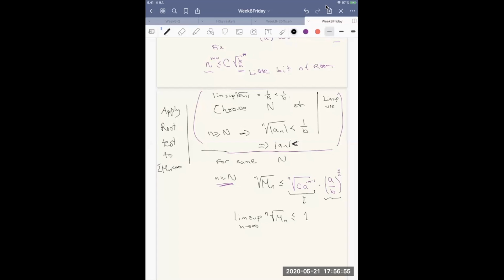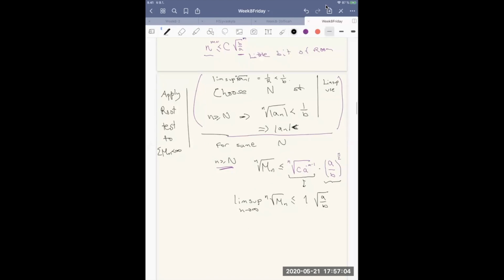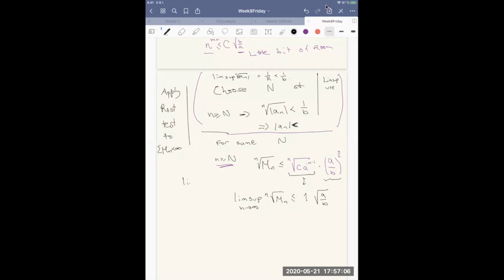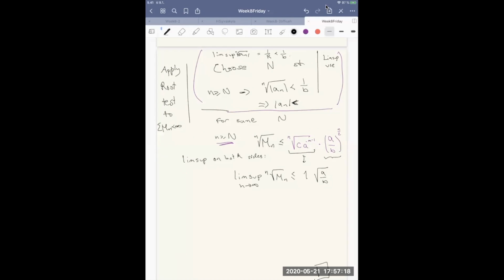And when we take the nth root, here we get square root a over b. And remember, the limit equals the lim sup if both exist. So lim sup on both sides. It's a good exercise to try to prove that that is justified. But okay, what we're left with now is square root a over b.